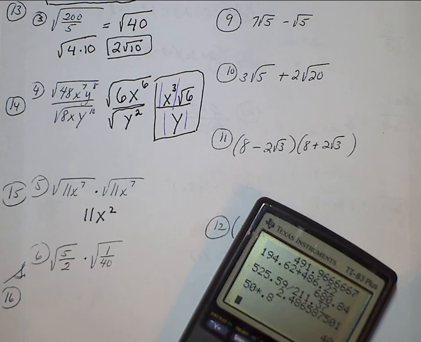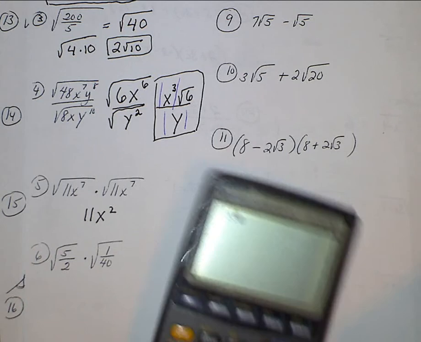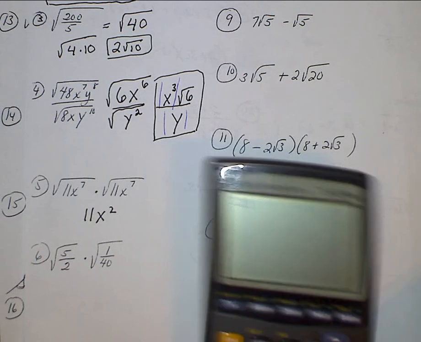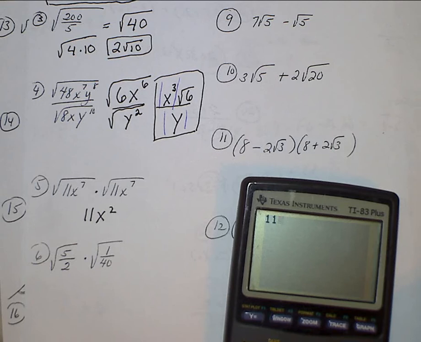But if you need to, you can always go 11 times 11, which is 121, and what's the square root of 121?